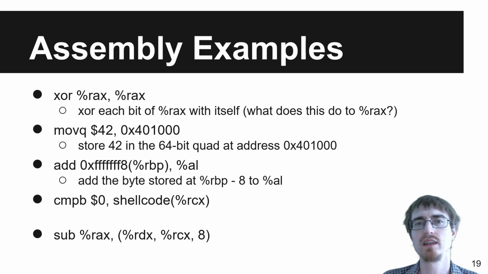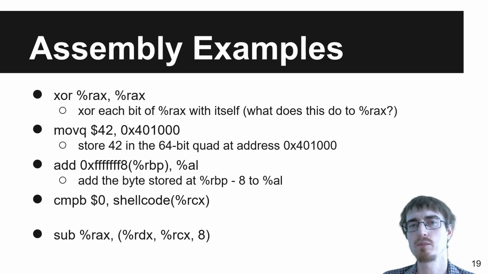The next one is a comparison. So we compare two numbers with each other. On the left hand we have a constant 0. On the right hand we have a memory operand that is symbolic. It has shellcode, which is a label, and then it adds REX before dereferencing it, which means that we're referring to the RAX byte from shellcode onwards.